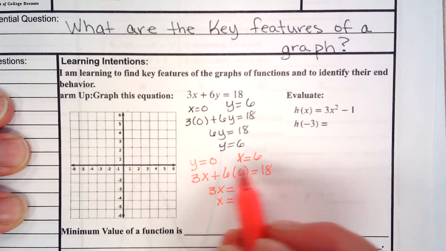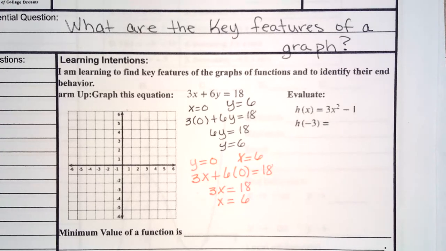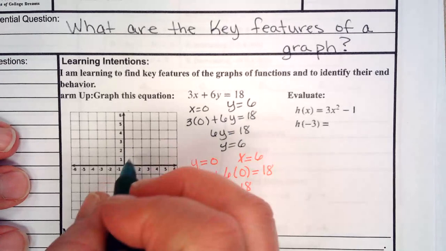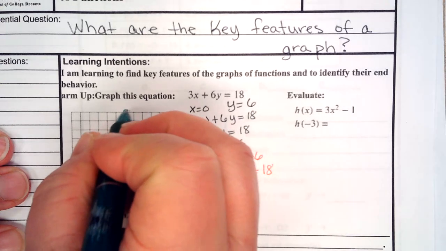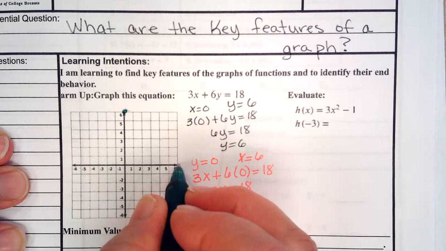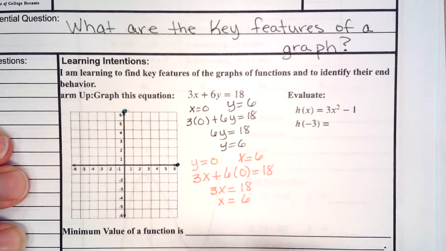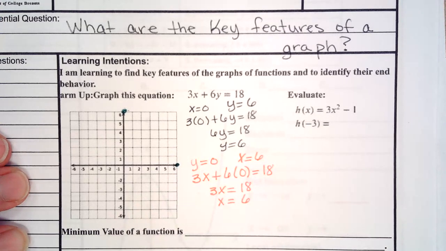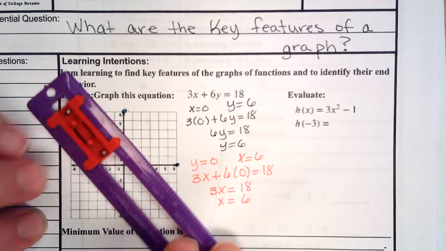So my other point is (6, 0). I'm ready to graph. So (0, 6) is right here. (6, 0) is over here. I'm going to draw my graph in between.